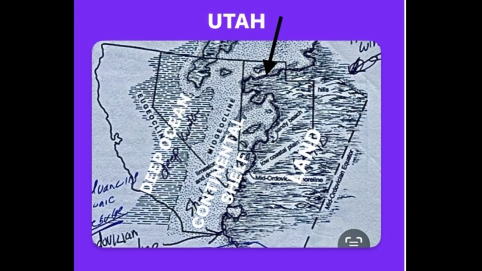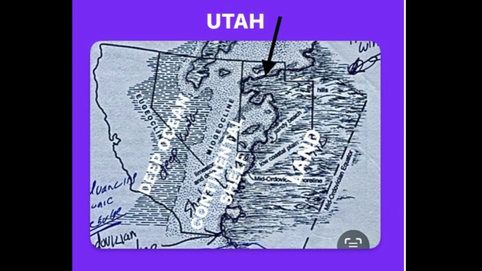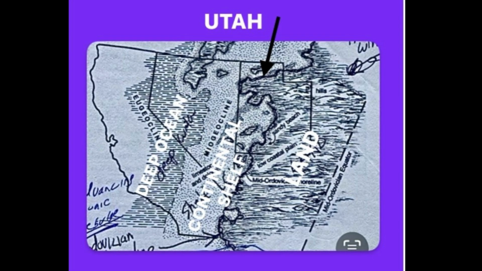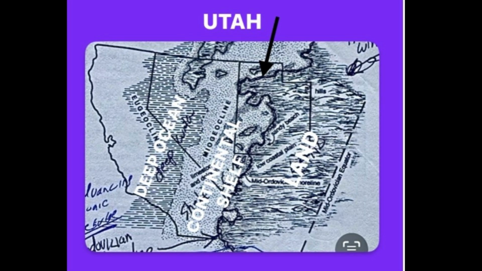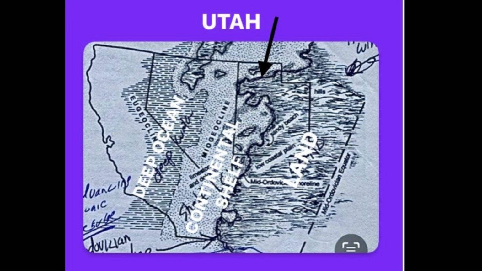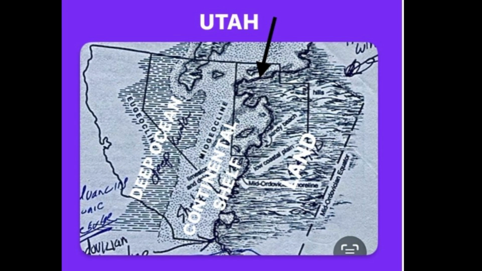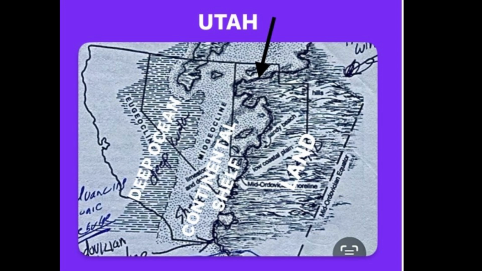Let's begin by looking at the west coast of North America before any orogenies or mountain building events occurred. You can see that the western edge of the land went through what is now western Utah and western Arizona.